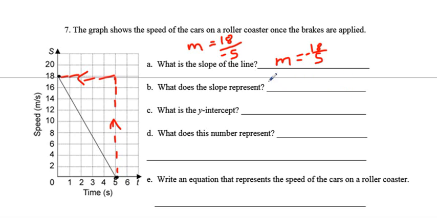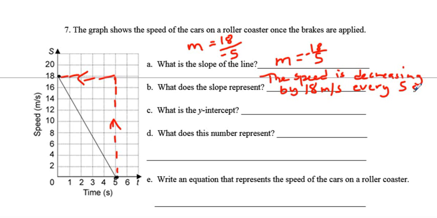So you could say, what does the slope represent? The speed is decreasing. By how much? By 18 meters per second every 5 seconds.